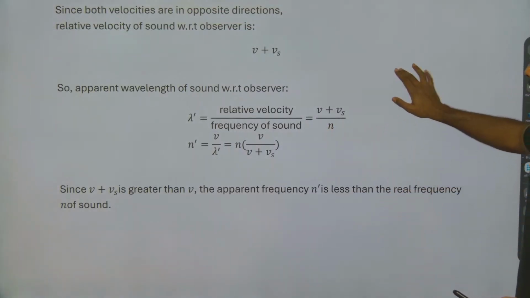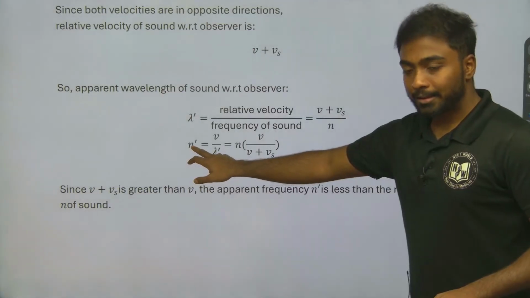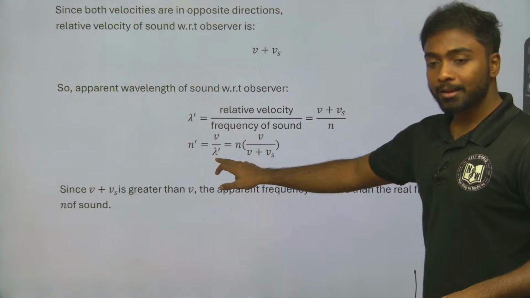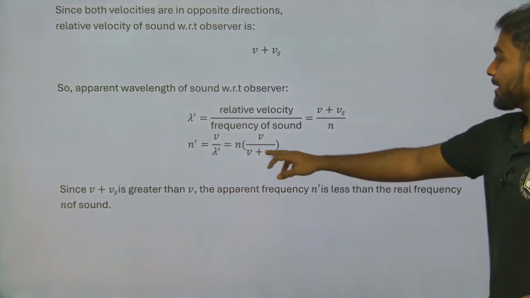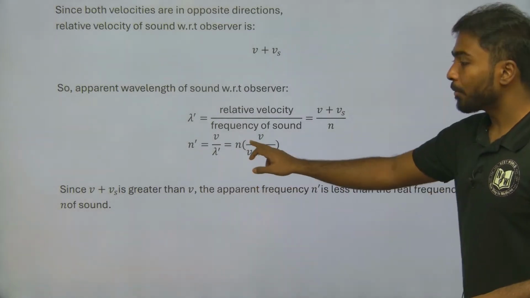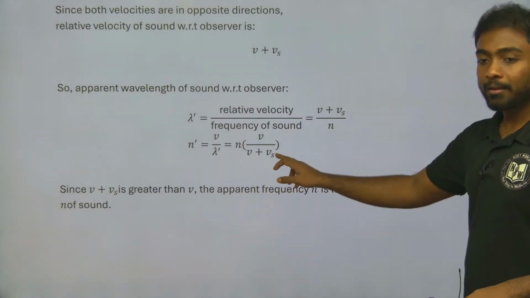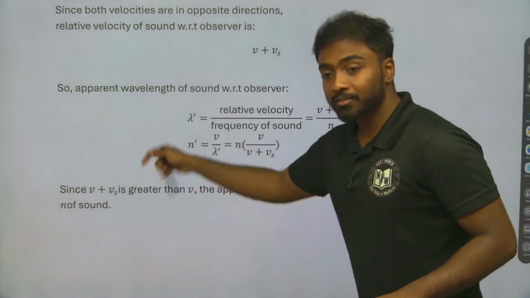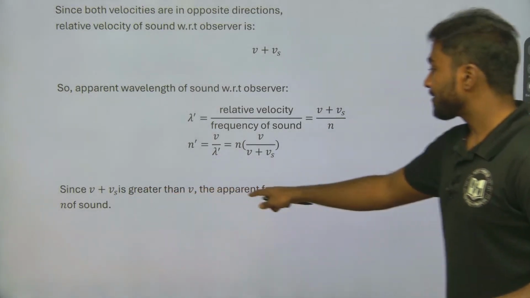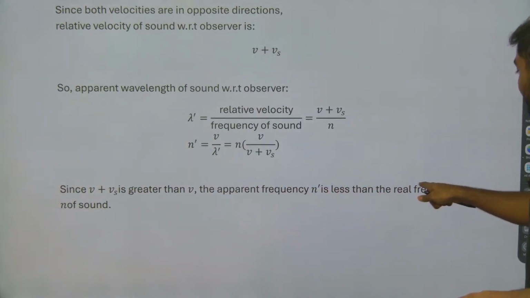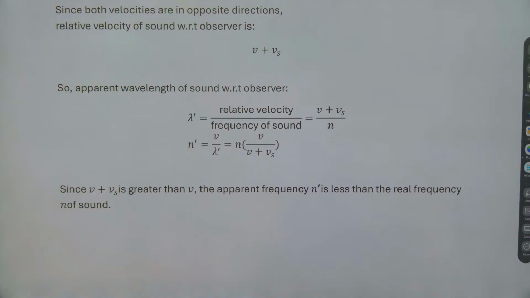Now the apparent frequency n dash equals V by lambda dash, which is V by (V plus Vs) by n, so n dash equals nV by (V plus Vs). Since V plus Vs is greater, the apparent frequency n dash is less than the real frequency.